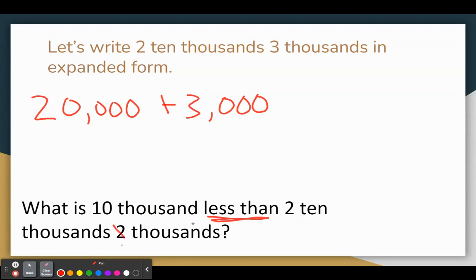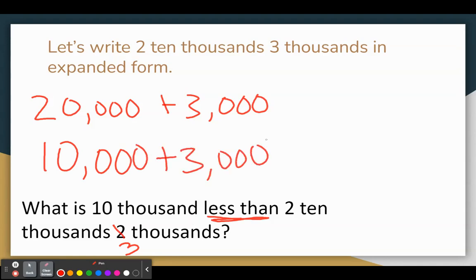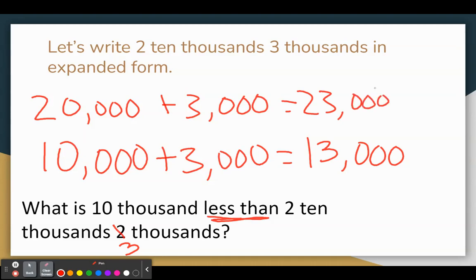I made that mistake again. So if I have 20,000 and I take 10,000 less, that's going to give me 10,000 plus 3,000, which is going to equal 13,000. And this was actually 23,000. Okay, so now we have 10,000 less than 23,000.